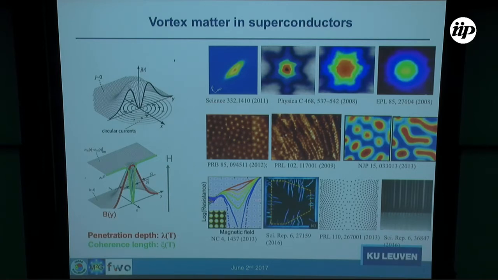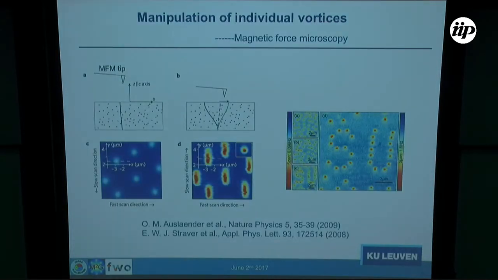For example, by introducing antidots as strong artificial pinning centers, we can guide the motion and control the dynamics of vortices, and by coupling the superconductors with some magnetic or non-magnetic materials, you can also control or manipulate vortices. I will not go into details, but what I want to say is that on the single vortex level, there are also many techniques proposed to manipulate individual vortices. In the next few slides, I will give you some examples.